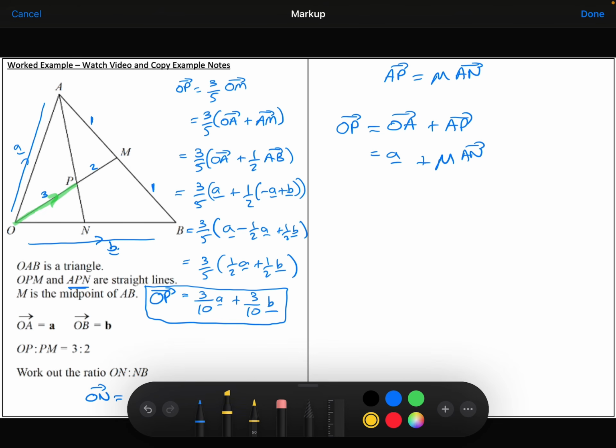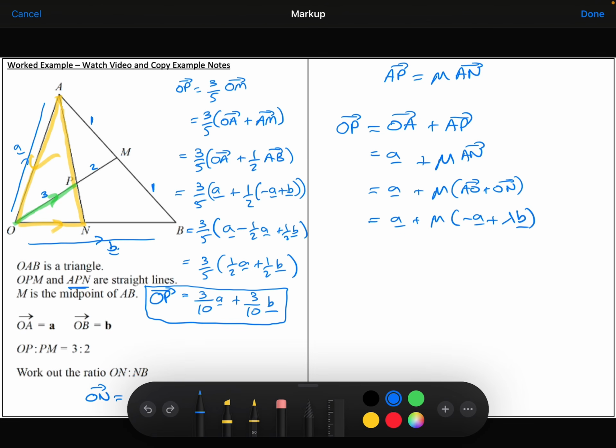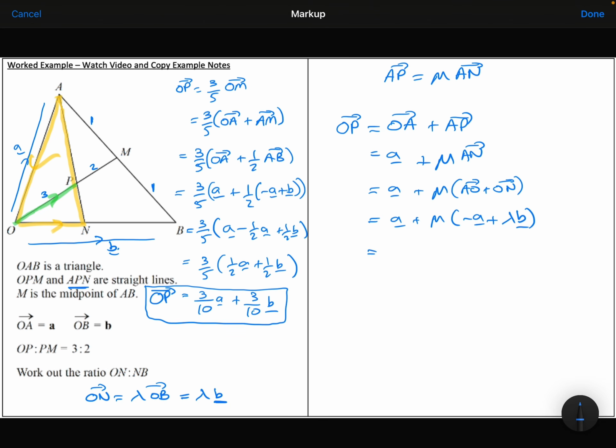Now, A to N, that's the same as me going from A to O plus O to N. A to O is minus A. O to N, excuse me, was lambda B. Right, just expanding and simplifying that then.